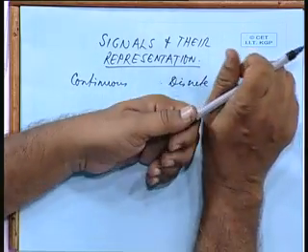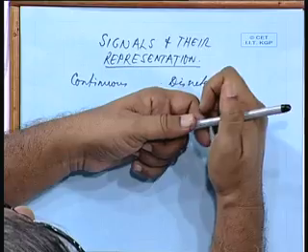There are some signals which are by nature continuous, most of the natural signals are continuous. For example, if you take the record of voltage, if you have a pen recorder, you get continuously recorded values with respect to time.